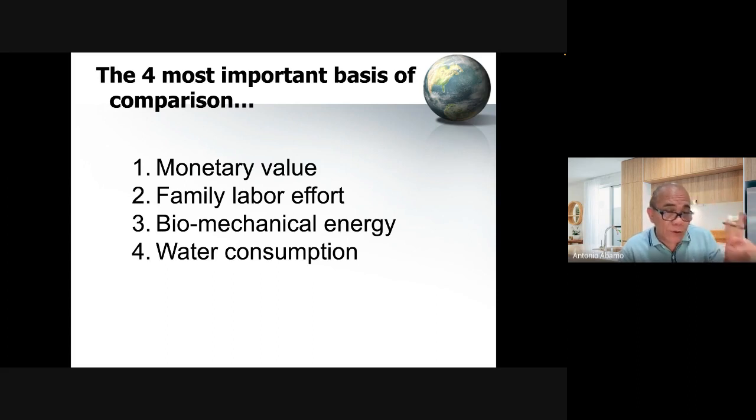One is monetary value. If there are certain decision choices that you need to make, the first criterion is whether these two options can possibly be monetized.